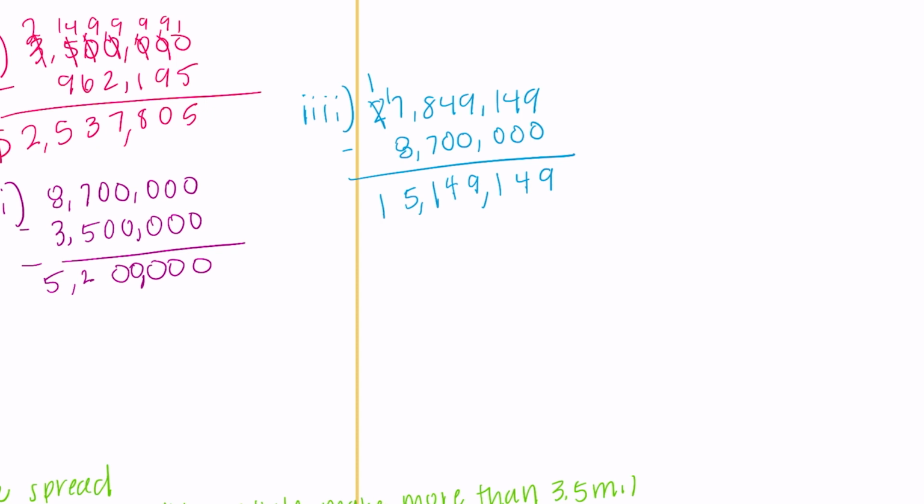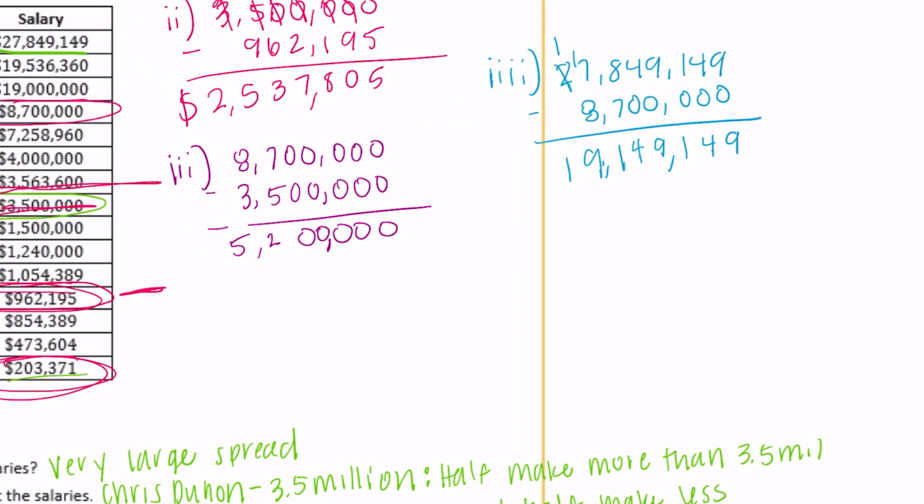Oh wait, 17 minus 8 is 9, so 19. Oop, good thing we checked our work. 19,149,149.